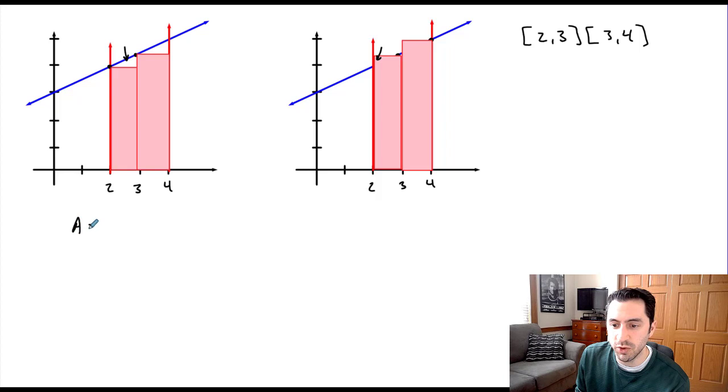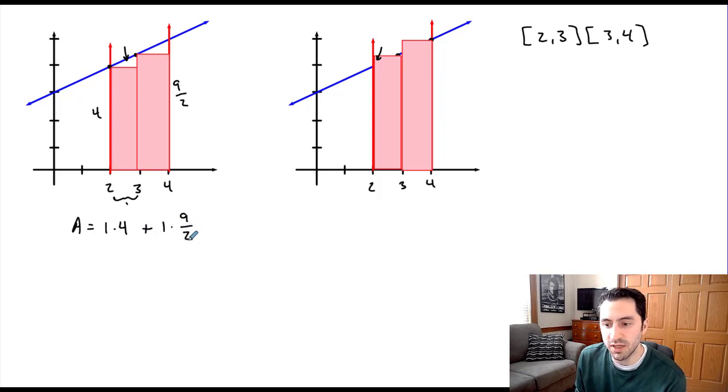Using the leftmost points, the width of both of these rectangles is 1. So this first one has a height of 4, and our second rectangle has a height of 9 over 2. So the area of the first rectangle is 1 times 4, and if I add the area of the second rectangle, we have 1 times 9 over 2. This is going to give me a total area of 8.5.